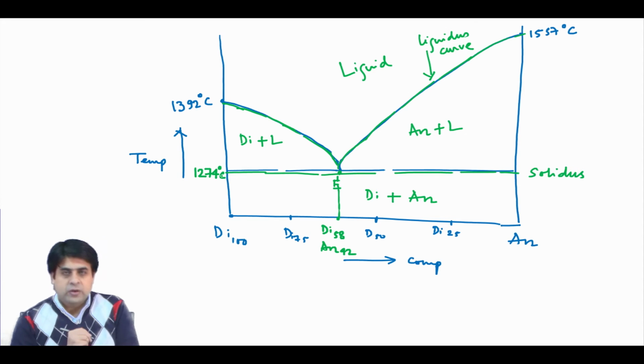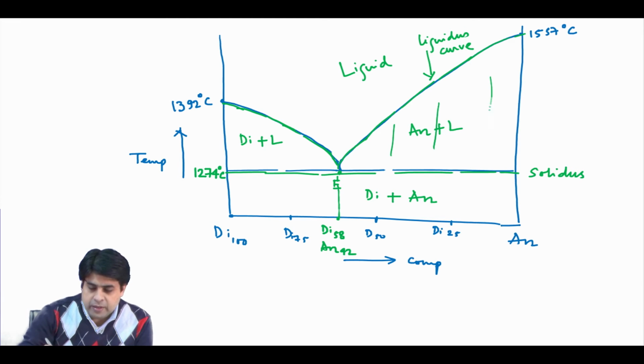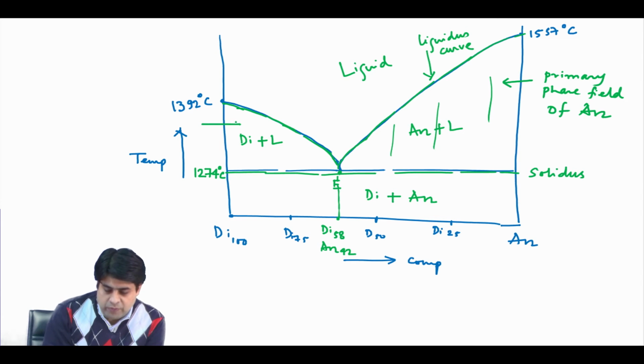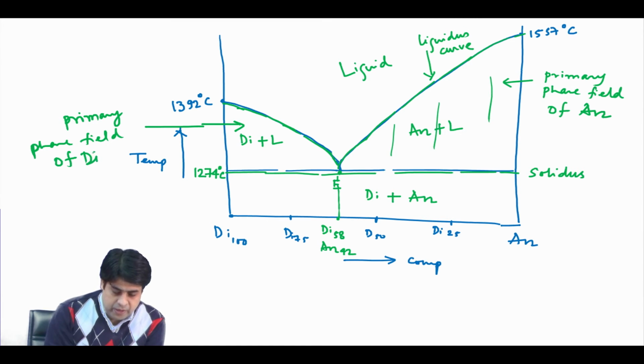1274 degrees C. So, this field is called the primary phase field of anorthite, and this field is known as the primary phase field of diopside.